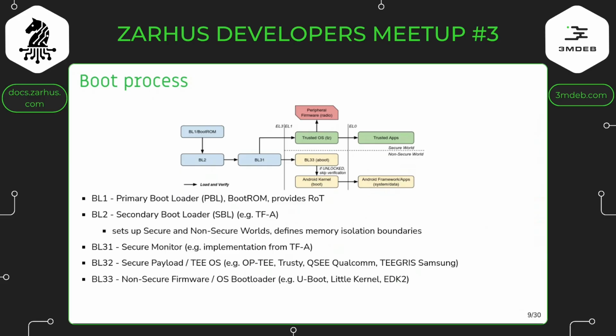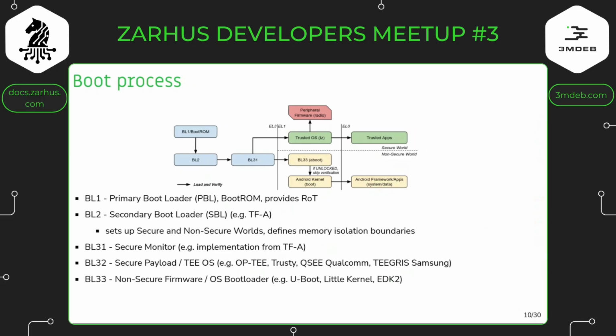And finally, we also have so-called non-secure firmware, which is some form of bootloader booting Android finally. So it can be U-Boot, Linux, EDK2. It's also not a standardized area yet in Android.